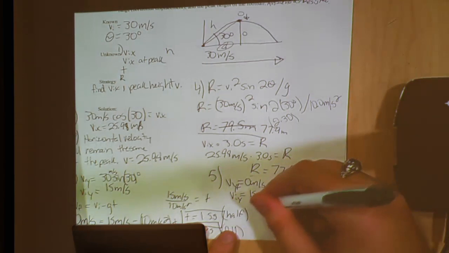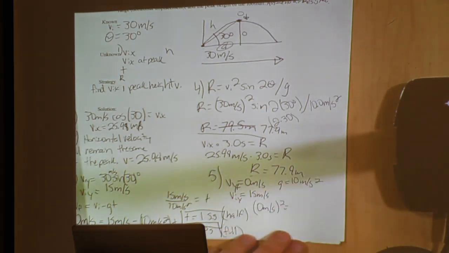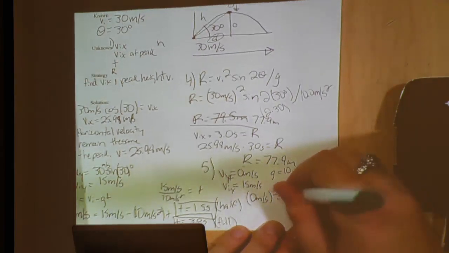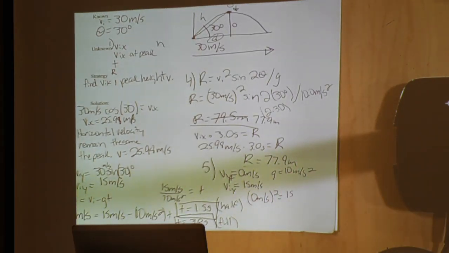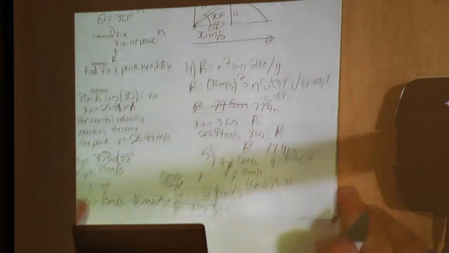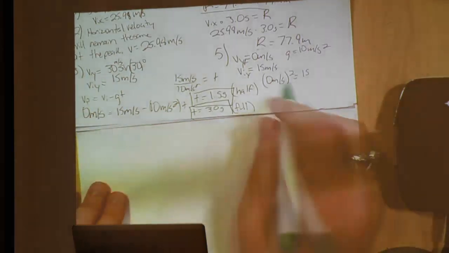So we would have 0 equals the 15 meters. Sorry, I'm running out of space. I might get another piece of paper. That'll work. I'm going to continue number 5 down below. All right, so I'm going to rewrite it here.